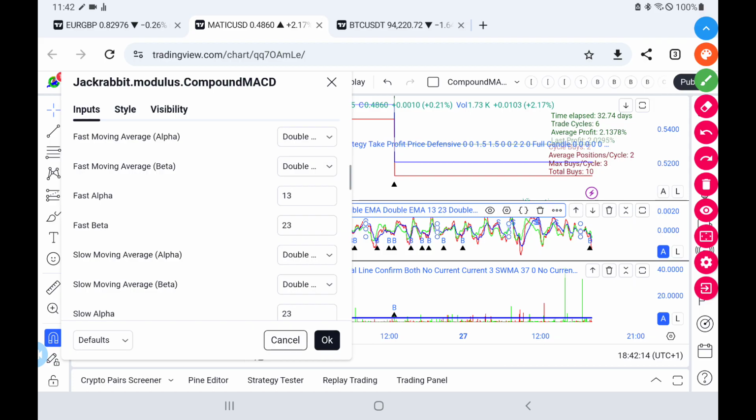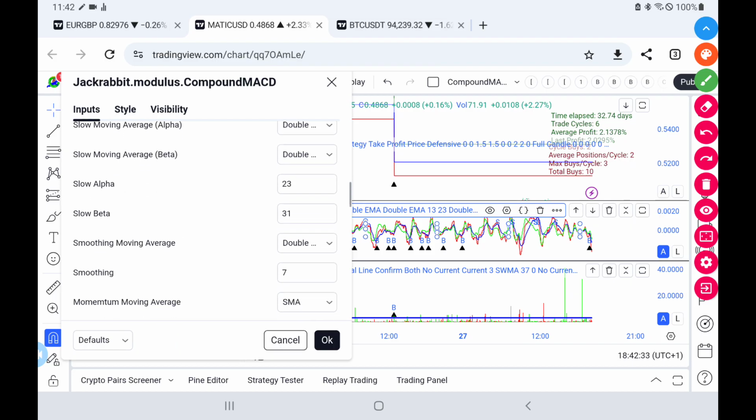Very aggressive prime number settings, and I'm using the typical double EMA that is the standard default for the compound, just to demonstrate that you don't need to go out of your way to make it insanely complicated. And we're moving to the slow alpha and slow beta, 23 and 31, with the smoothing also being a double EMA at 7.